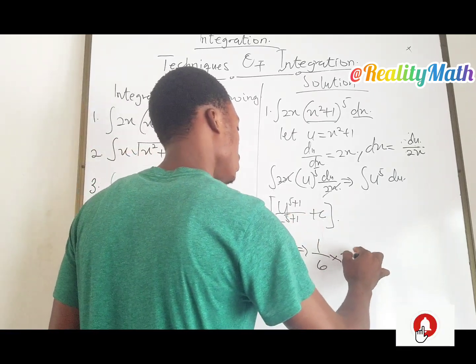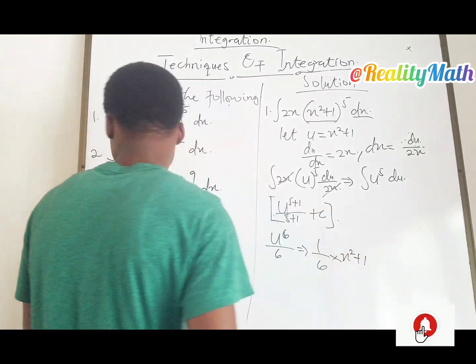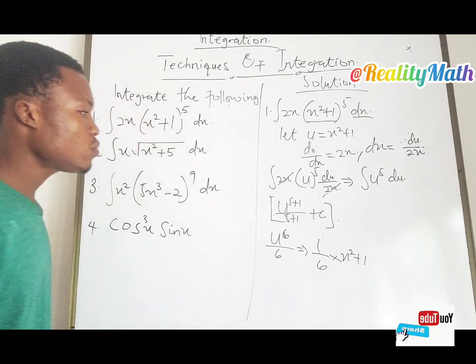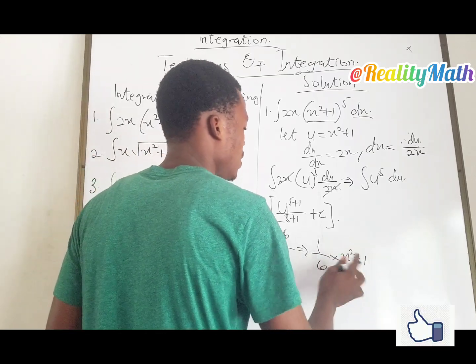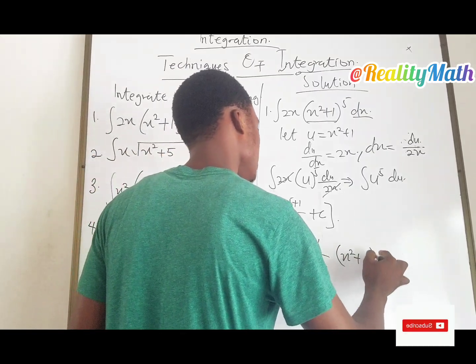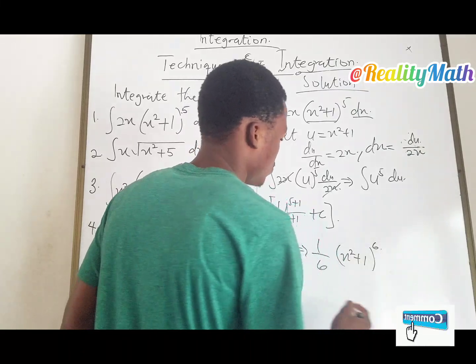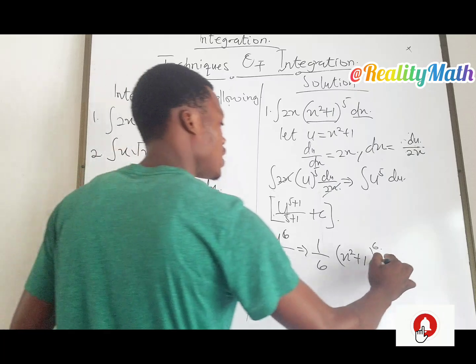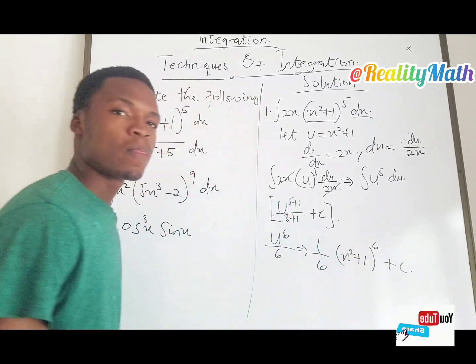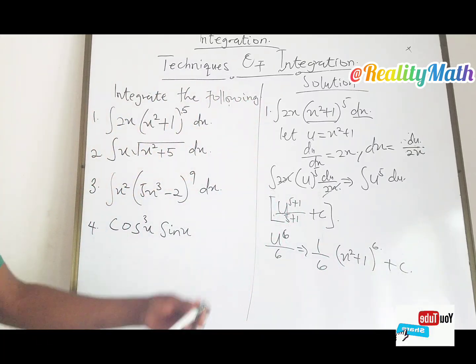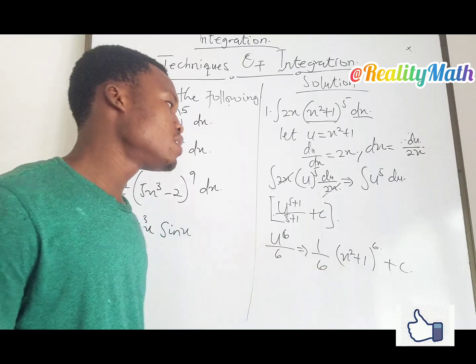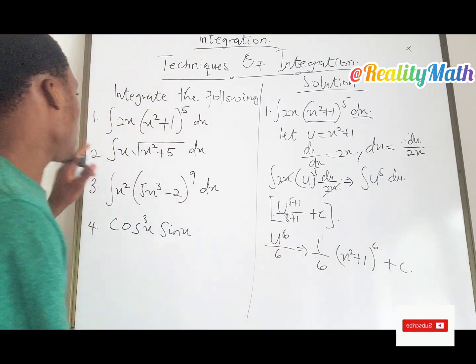So this becomes 1 over 6 times x squared plus 1 to the power 6, which is your final answer, plus some constant c. So that is the concept behind the substitution. Let's look at the second one.